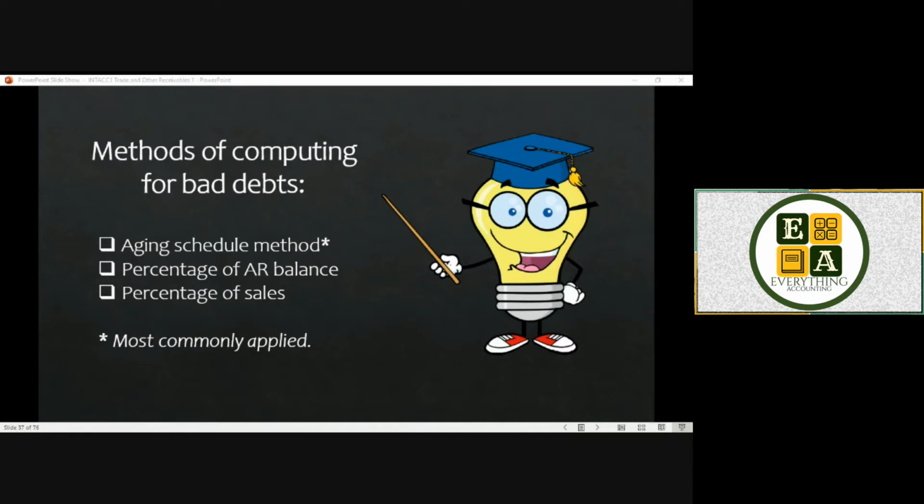Yung provision matrix na sinasabi, good example is the aging schedule method. Again, among the three, aging schedule is consistent with GAAP.